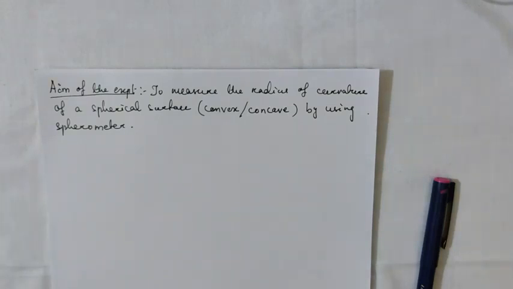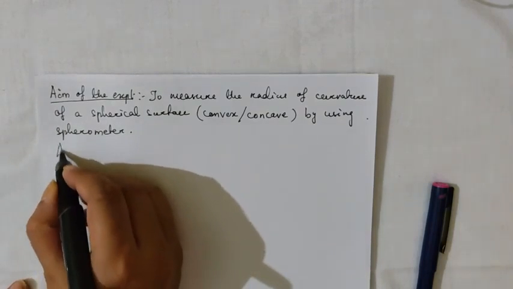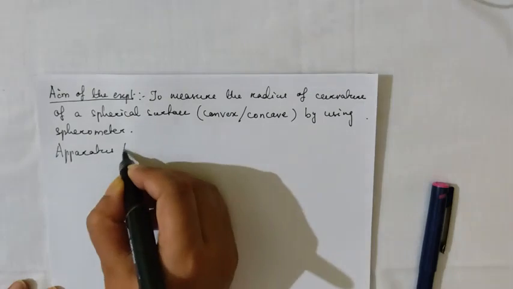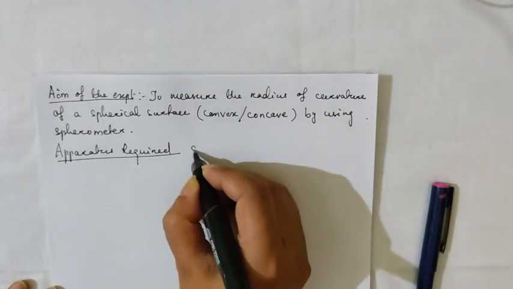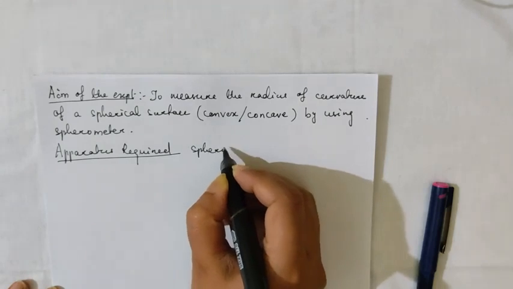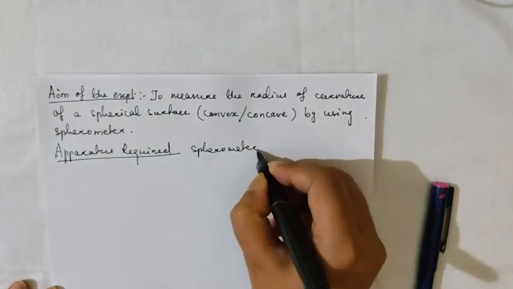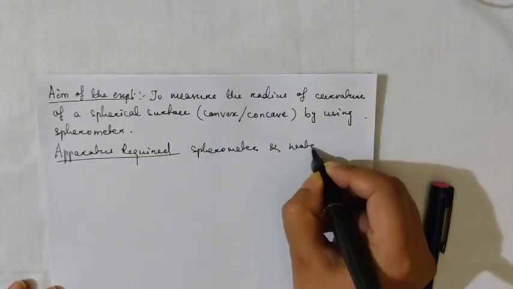Now the second one is how to do the experiment. The apparatus required here is the spirometer and the watch glass.